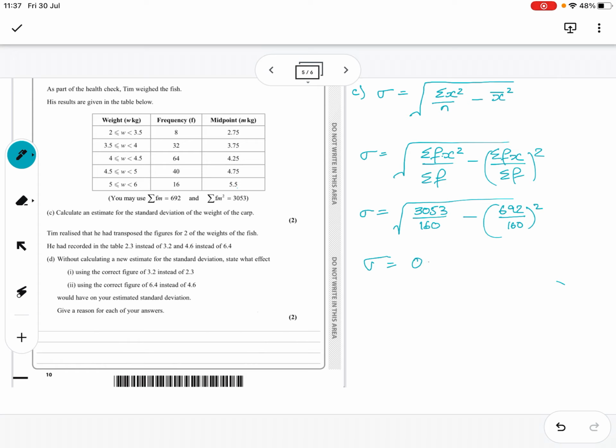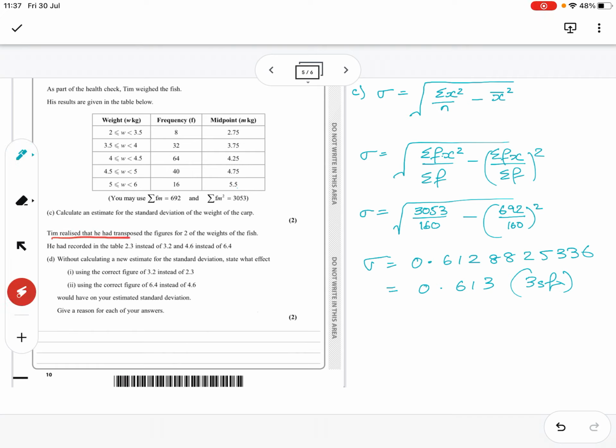I've got 0.6128825336, and because at the front it says round to 3 significant figures, that is what I'm going to do. Okay, so that's that one then.